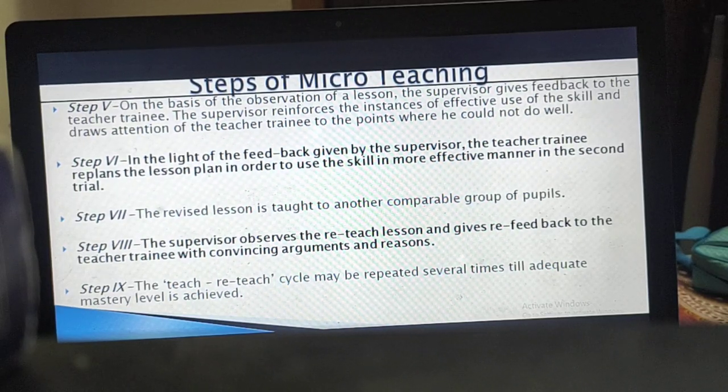These are the steps of the micro-teaching lesson plan. It's a very, very important thing you have to learn. So what are the steps for micro-teaching? It's a very important question for your upcoming examination, particularly for BA second semester students.